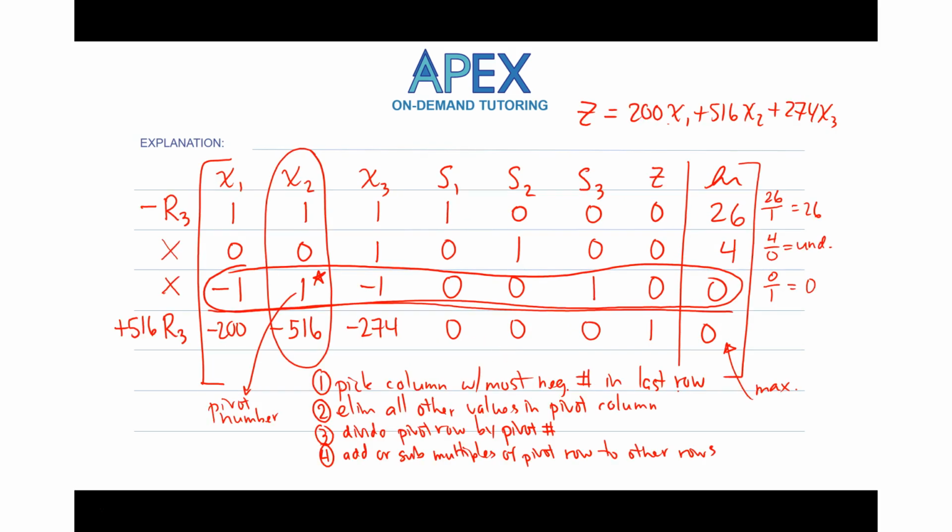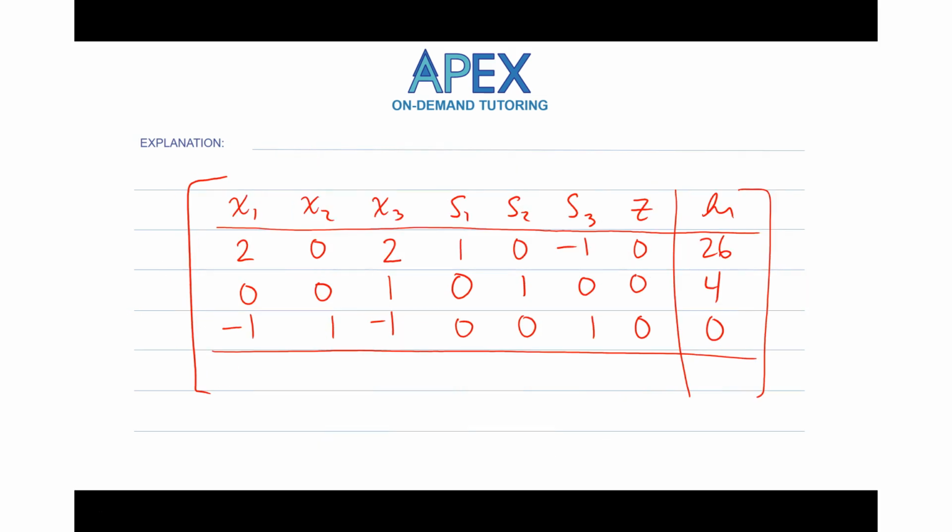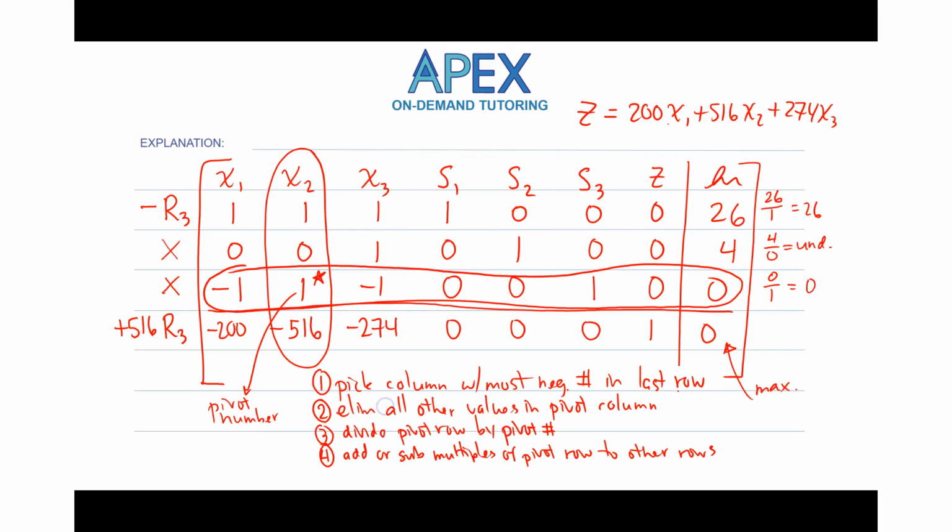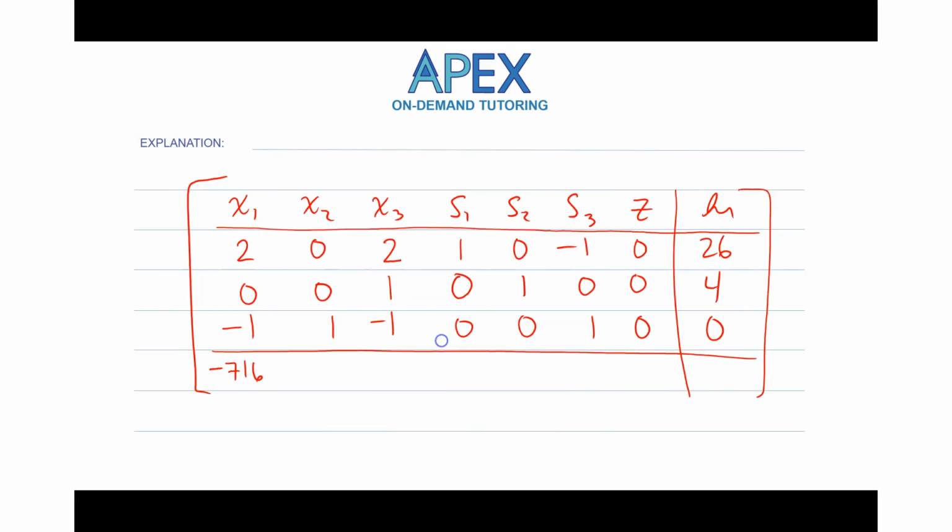Okay, now the big change is going to happen in the last row. I'm going to have negative 516 plus negative 200. So this will be negative 716. Then this is what we wanted to do. 516 times 1 plus negative 516 gives us 0, and that completes this column.